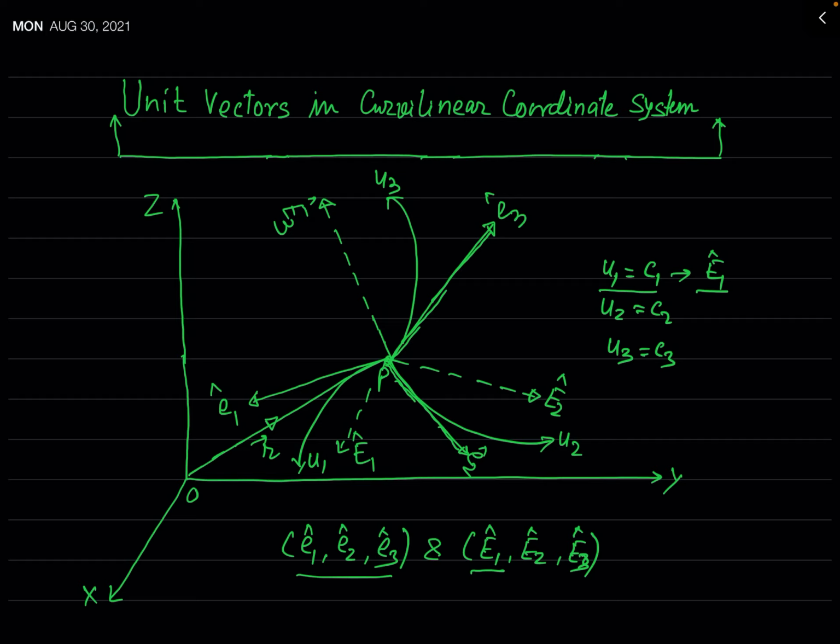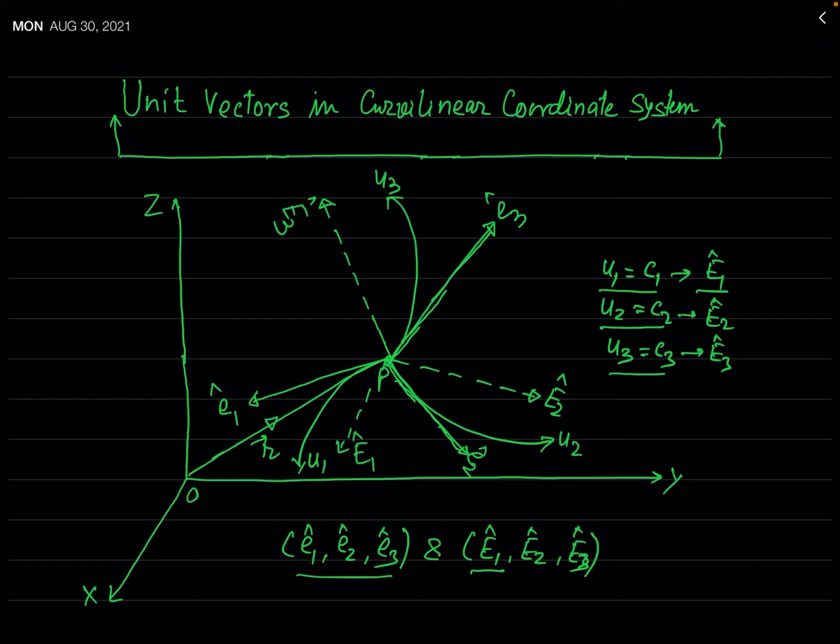Similarly, the unit vector capital E2 hat is normal to the coordinate surface defined by the equation U2 equal to C2, and E3 hat is normal to the coordinate surface defined by the equation U3 equal to C3.